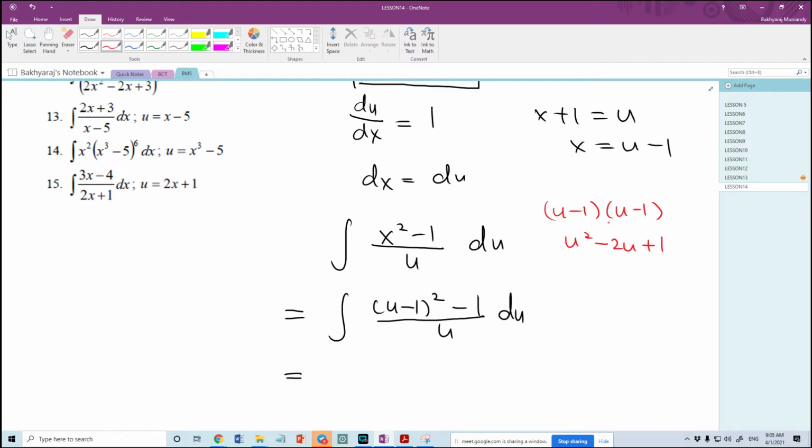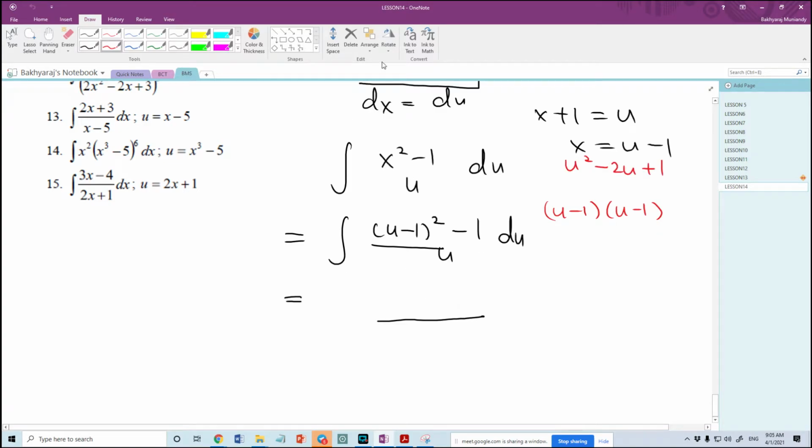Okay, why this problem arise? Because of the x. We cannot cancel the x. So since we cannot cancel, we have to do all these steps because we need to solve the problem in terms of u.